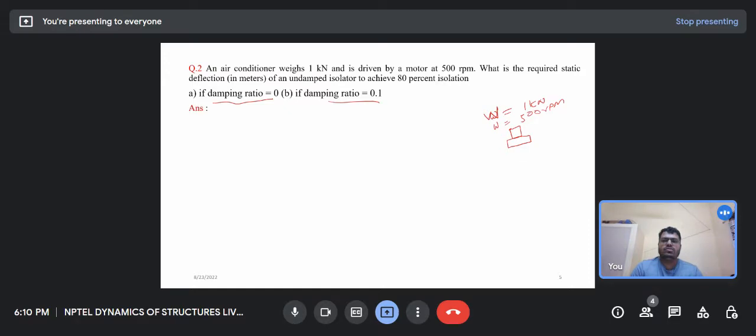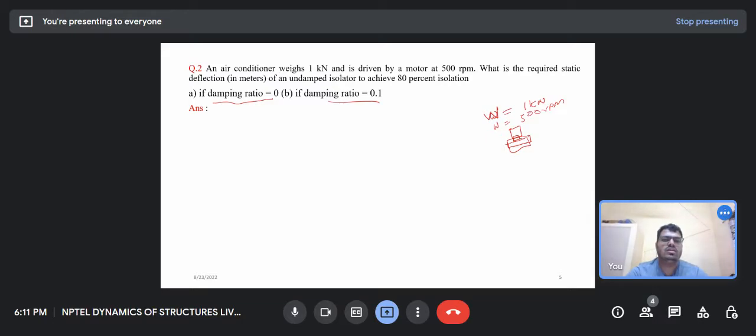Okay. Have you understood the question? Anyone has any doubt? There is an air conditioner connected to the isolators, and that is a base.